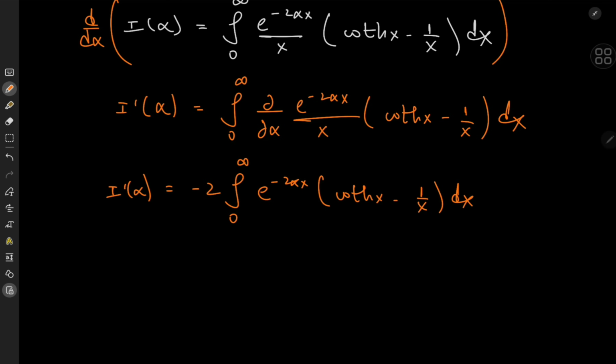And now what? Well, we do have the hyperbolic cotangent, and the hyperbolic trig functions are defined quite nicely in terms of the exponential function. So we know that hyperbolic cotangent is equal to hyperbolic cosine or cosh of x over hyperbolic sine or sinh of x.